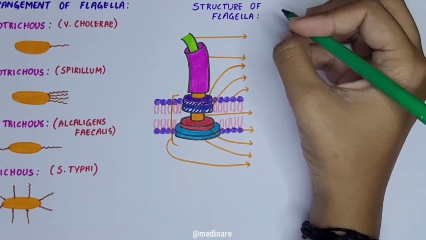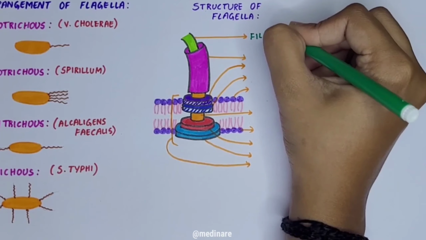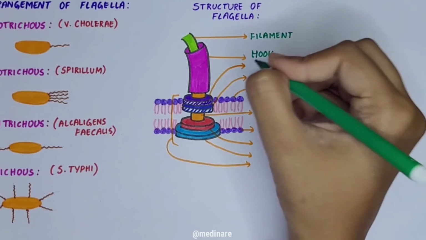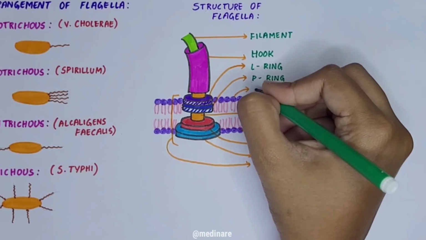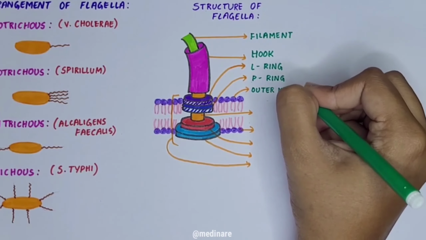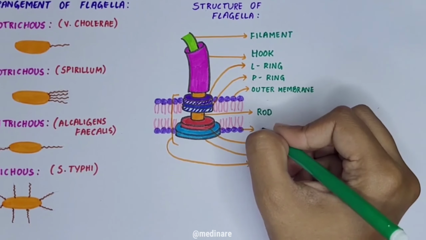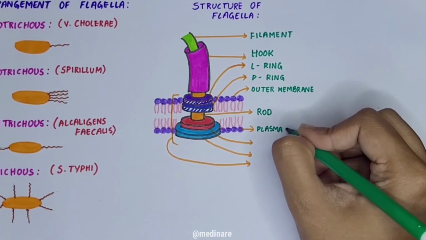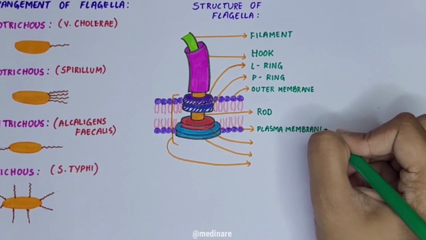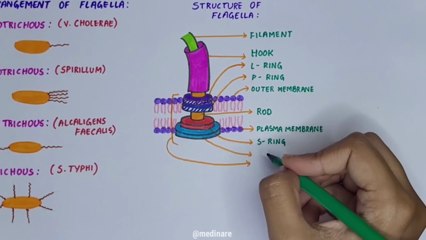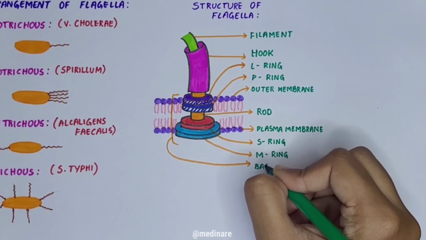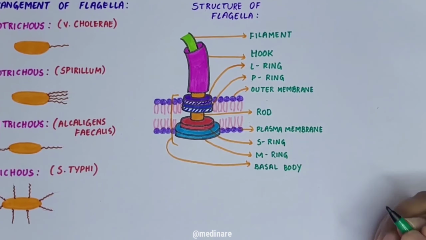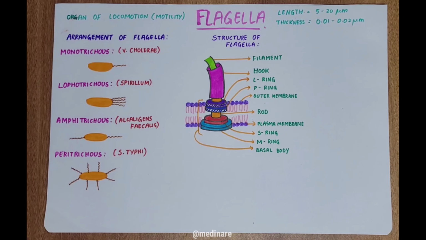It has the following parts called the filament, hook, L-ring, P-ring, outer membrane, the rod, the plasma membrane, S-ring, M-ring, and the whole part which is embedded within the cell wall is called the basal body. These ultrastructures of flagella are appreciable under an electron microscope.